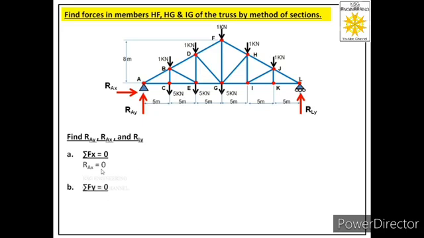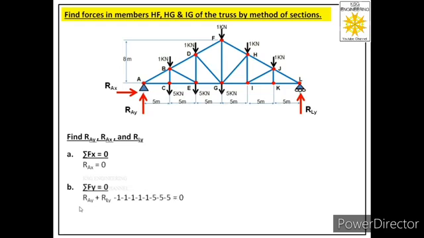Now let us apply the second equation, that is summation Fy equal to 0. Let us see how many forces are acting in the y direction in this truss. There are 10 forces. Two forces RAY and RLY are acting in the upward direction, so we consider these positive, while the other 8 forces are acting in the downward direction, so we consider these negative.